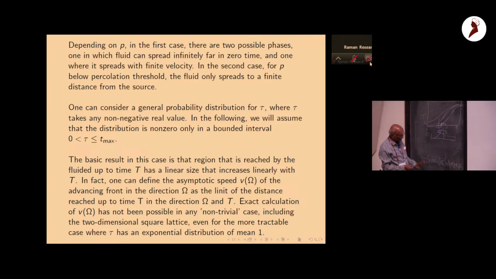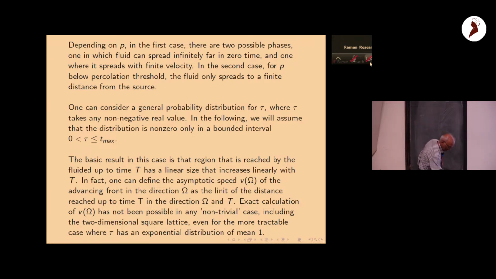So in general, you can say I give you a probability distribution of traversal times at one bond, and these are IID random variables. Then what is the velocity of the average front? So the problem is defined like this.